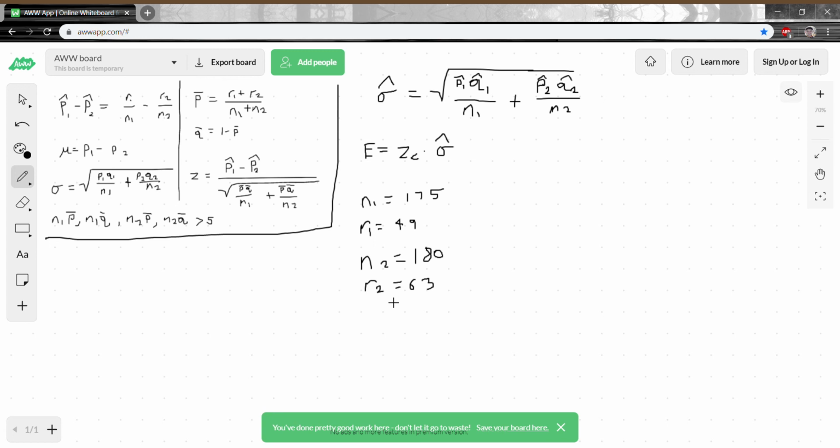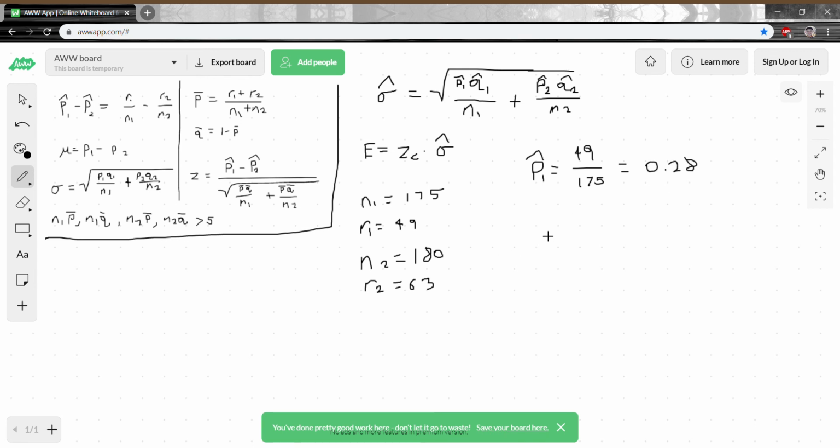So, before we can calculate a confidence interval, we need to calculate some things such as P1 hat and P2 hat. This is just going to be R1 over N1, that is 49 over 175, which is 0.28.